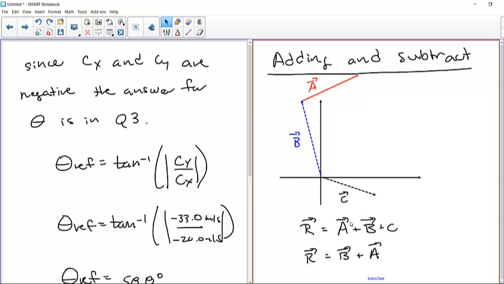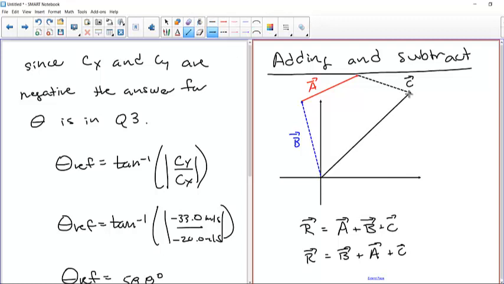I'm doing the second case, so I'm going to do B, A, and then C. You take this and connect it to there. So this would be B plus A plus C, and finally the resultant vector would be there.